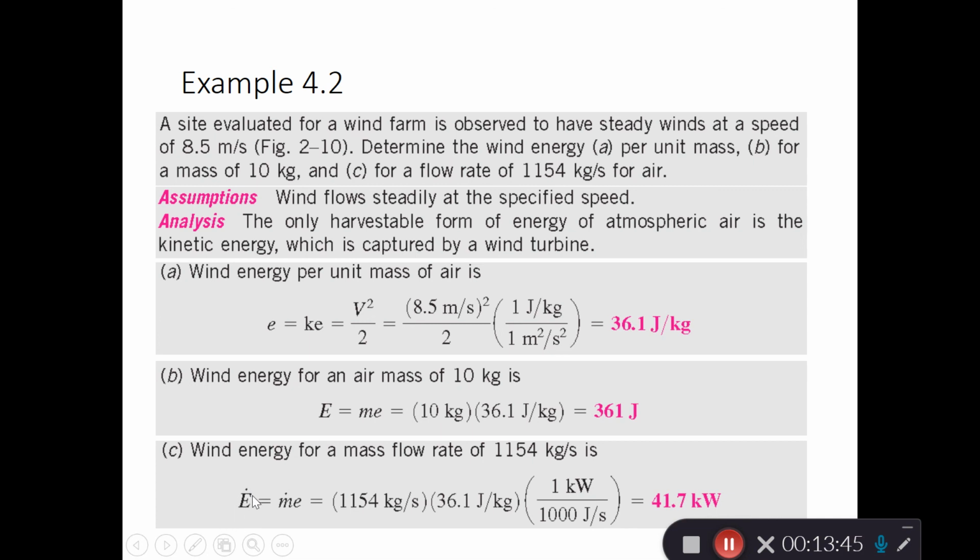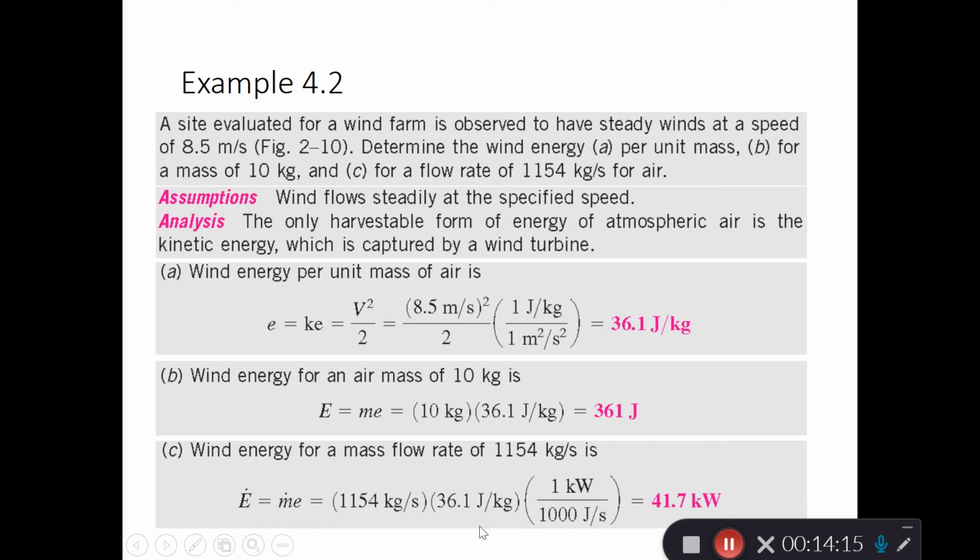Energy per second. Energy unit is joule, so this is joule per second. You will see more of this in future videos, so don't worry. So instead of E equals mE, you have E dot to show that this is per second, equals, obviously the m will carry the dot because this is mass flow rate, kg per second of something, times the e that you got from the first part.